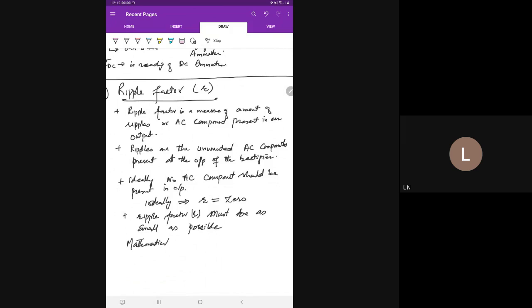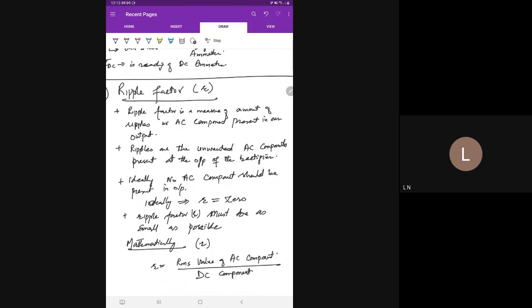The ripple factor r is equal to the RMS value of the AC component divided by the DC component.